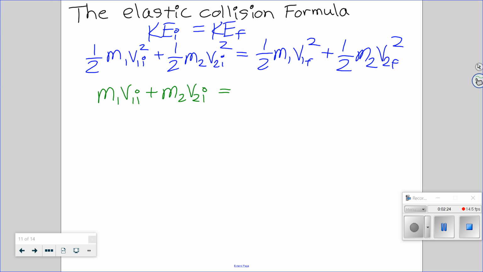It matters if they're pointed against each other and have opposite directed momenta, or if they're the same direction. We have M1 V1 final plus M2 V2 final. Where did the square go? Did I forget one? Nope. This is momentum. So the blue is kinetic energy conserved on the top, and the green is momentum conserved on the bottom. So both those things must be true.